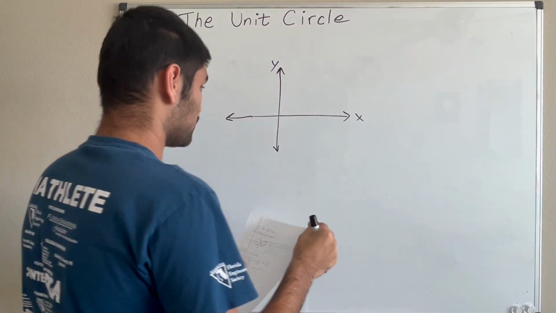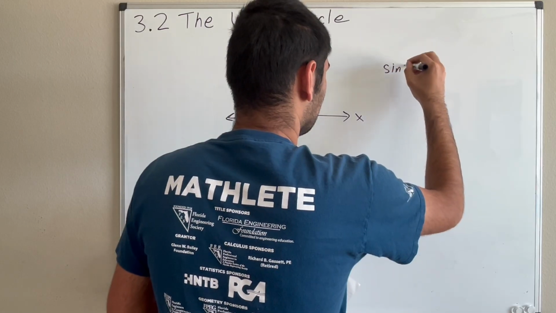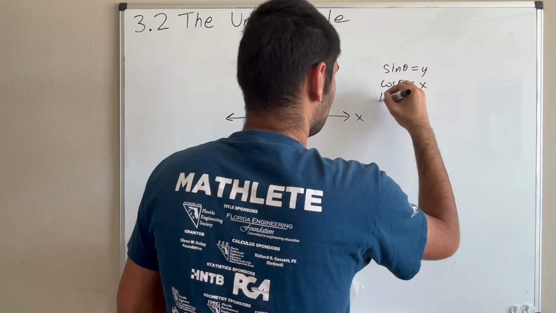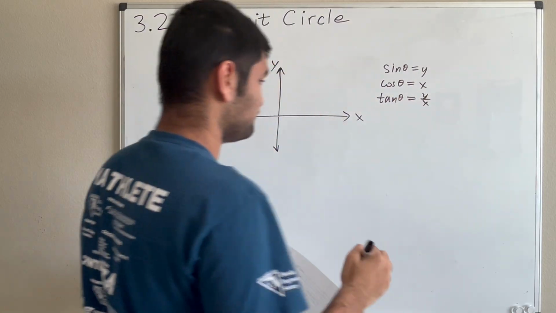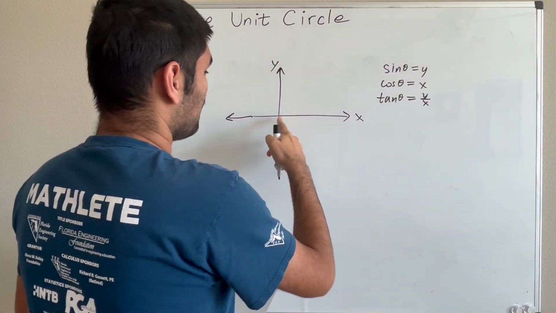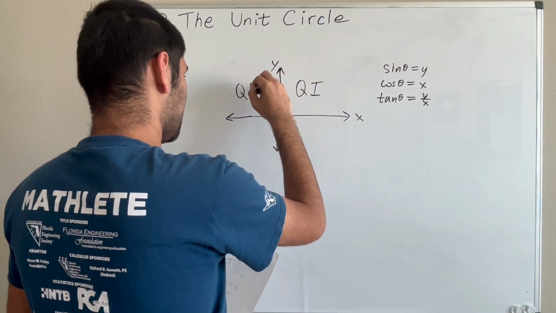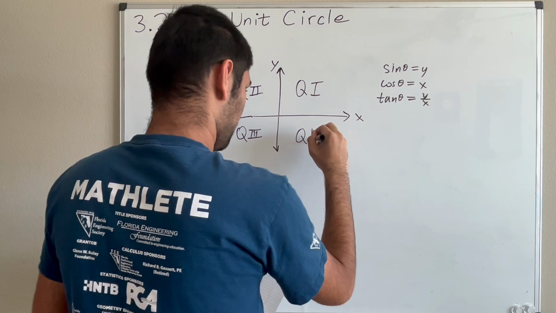Okay, so recall that sine theta equals y and cosine theta is equal to x and tangent theta is equal to y over x, right? So basically, this is the first quadrant, this is the second quadrant, this is the third quadrant, and this is the fourth quadrant.